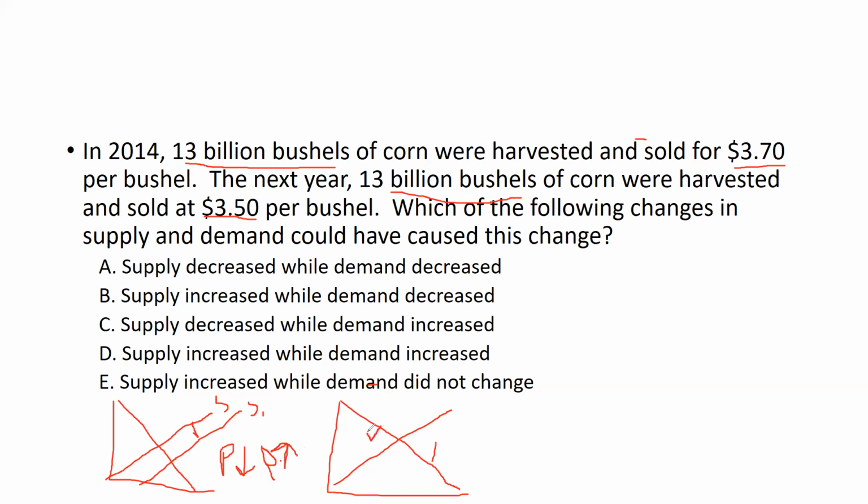Which is B. If I shift demand to the left, I get price down, right? Which is what I want because I went from 370 to 350. And I get quantity down.